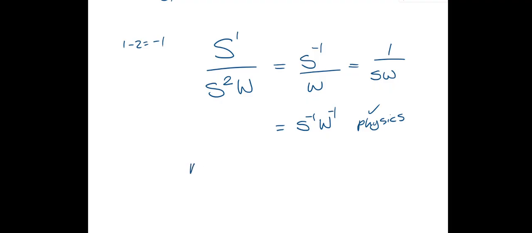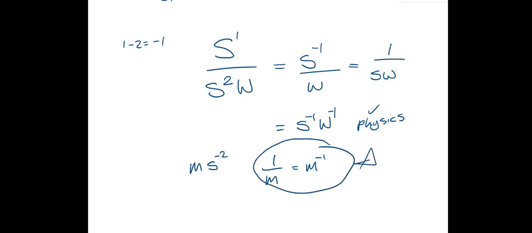Acceleration is meters per second per second, like that. It's just always handy to know how they go. So 1 over m is the same as m to the minus 1. Important rule to know.